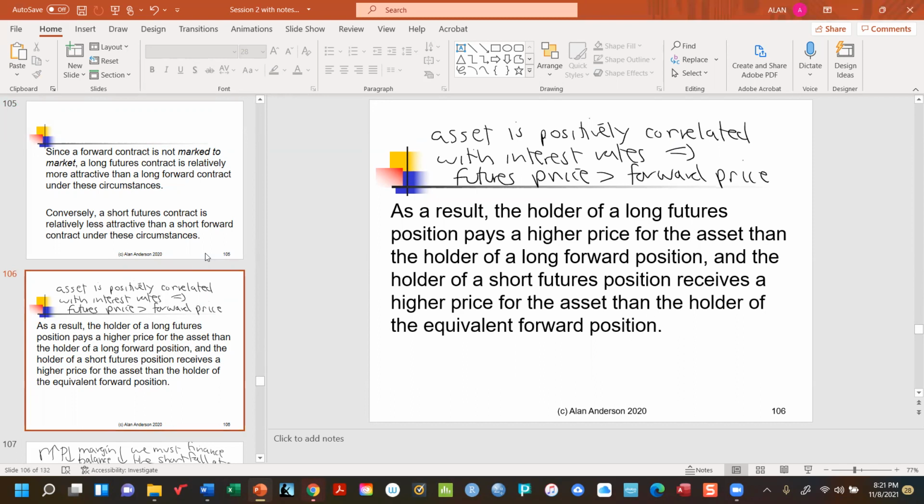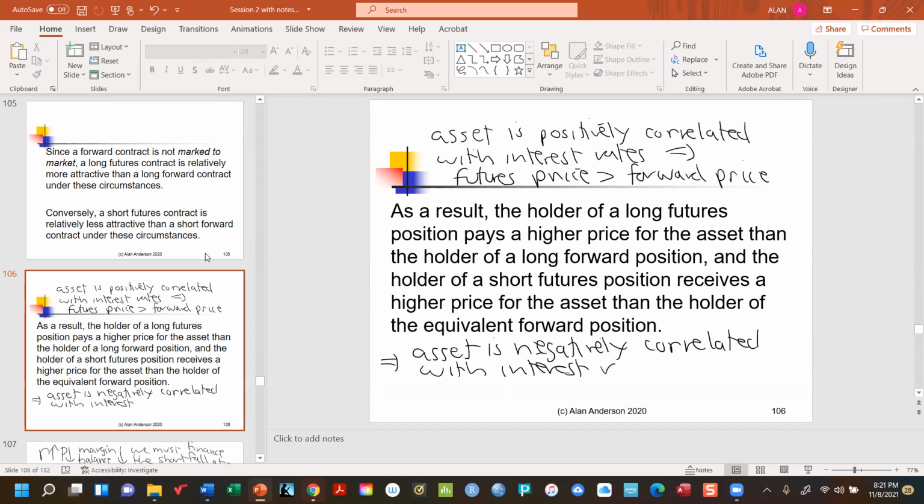Now, of course, this implies that if the asset is negatively correlated with interest rates, the futures price would obviously be lower.